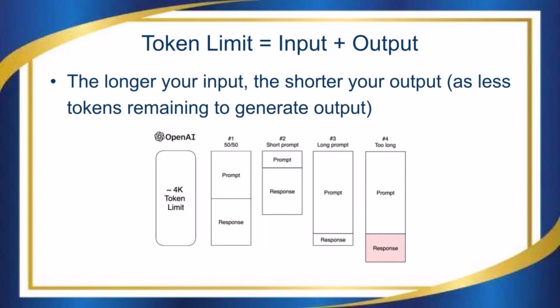If you want a long output, try to keep the input rather short. By the way, you can, of course, always go back and ask ChatGPT to go into more detail based on its previous output, so you can still get a longer output in a later stage, right? You have the token limit, and then, depending on the length of your prompt, that will also determine the length of your response or output.